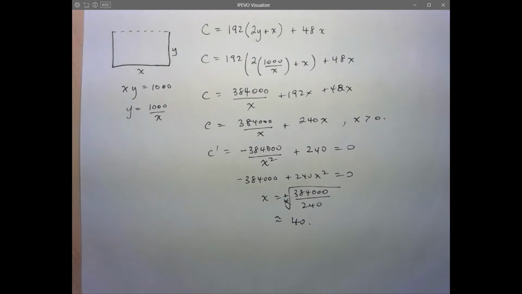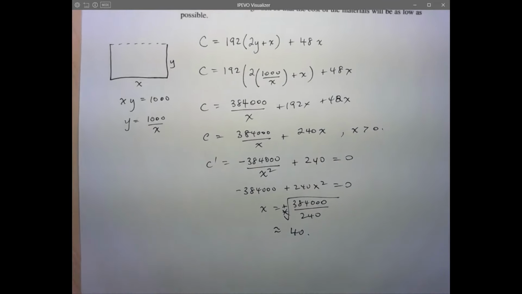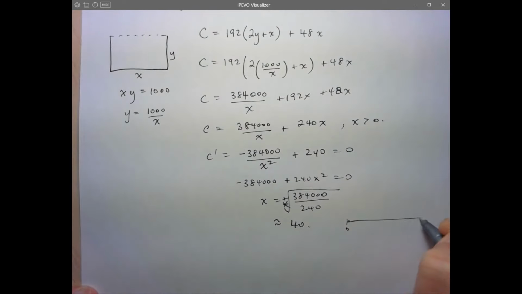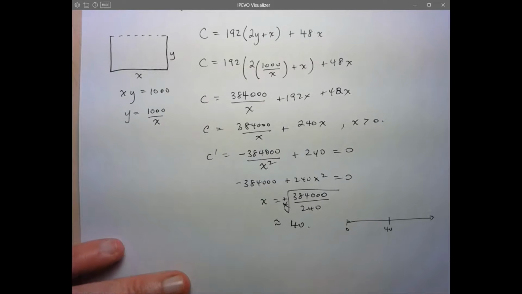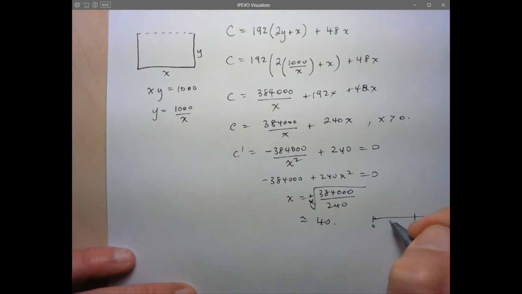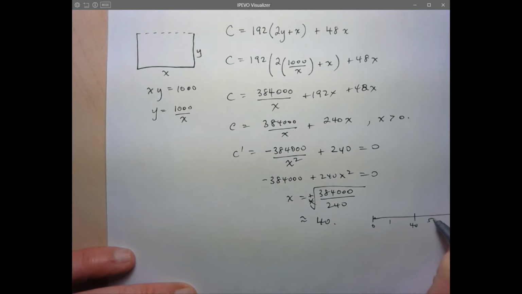Let's now see that this indeed does produce a minimum value. We start at 0 and our critical point is at 40. Let's test it out, let's put 1 and, I don't know, 50.